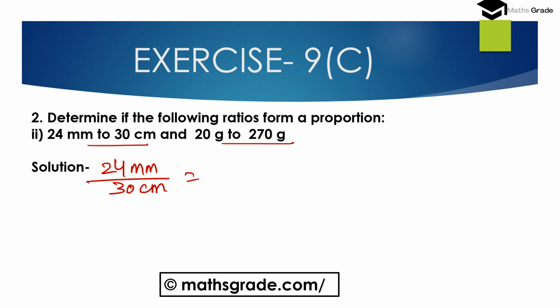Here the antecedent and the consequent are not of equal unit. Antecedent is in millimeter and the consequent is in centimeter. First we have to convert centimeter into millimeter so that both are of equal unit.